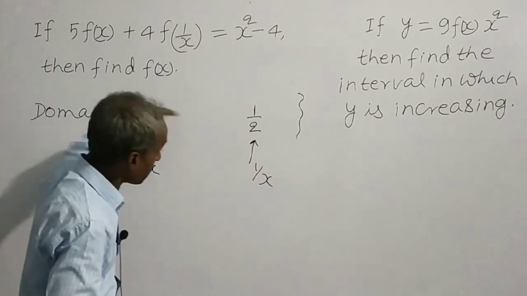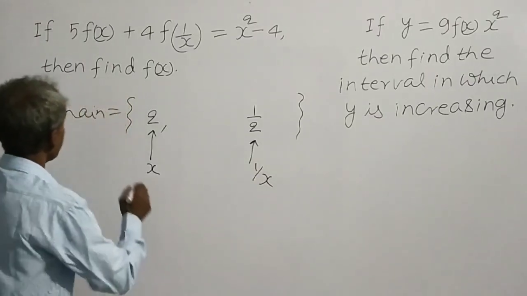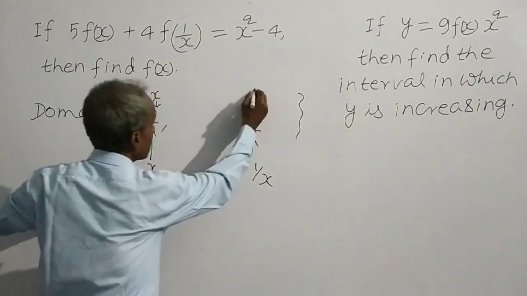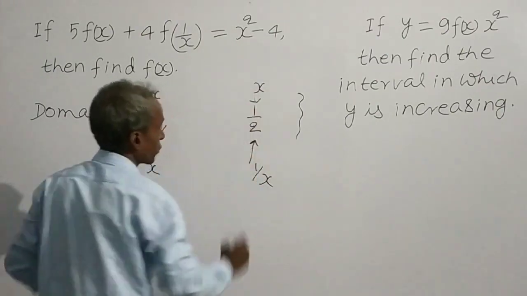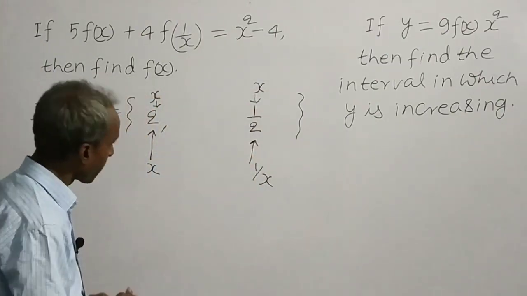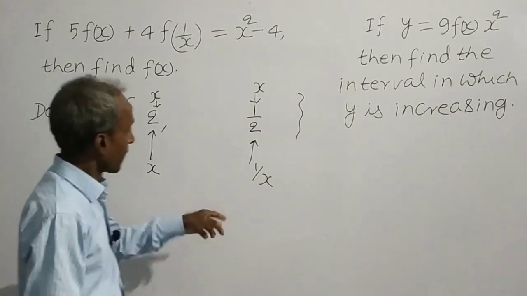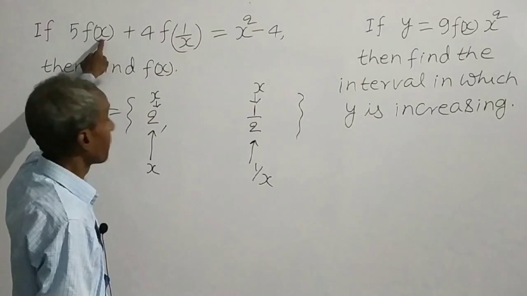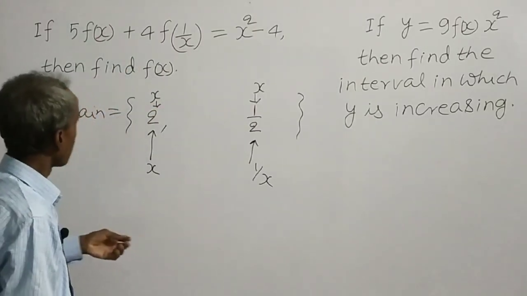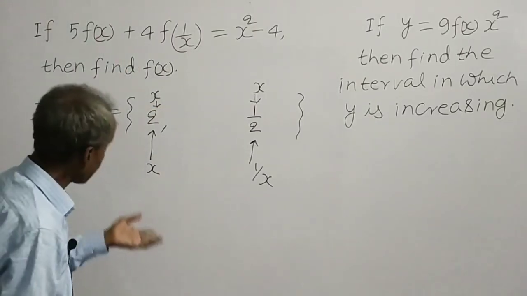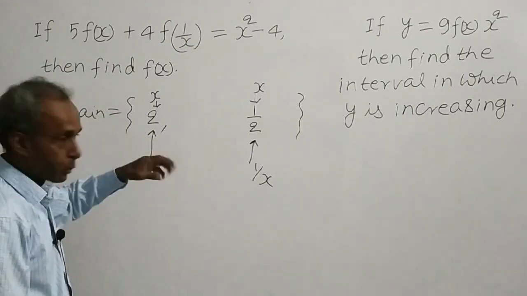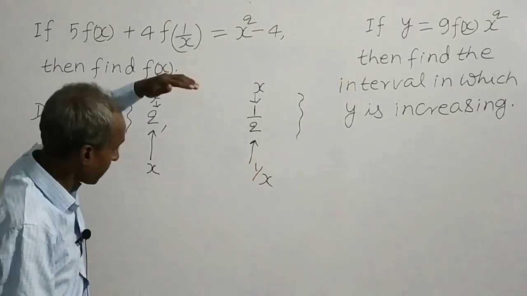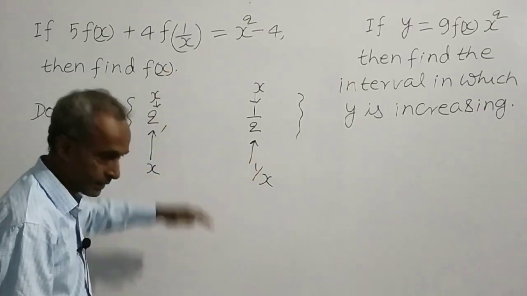But every number in the domain can be put in place of x, which means 1/x can also be put in place of x. That is why we put 1/x in place of x and start our solution in this way.